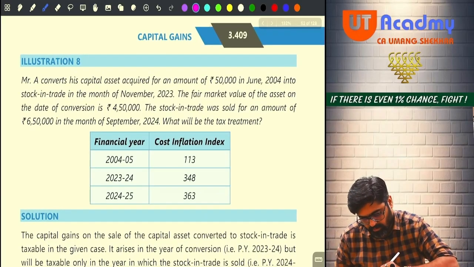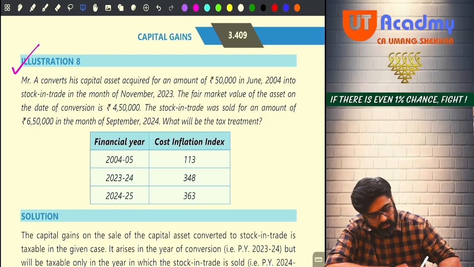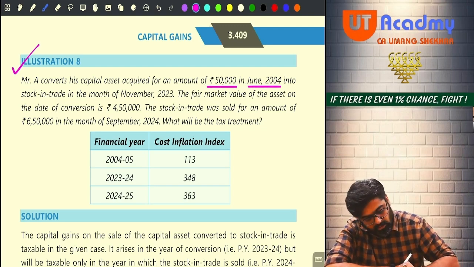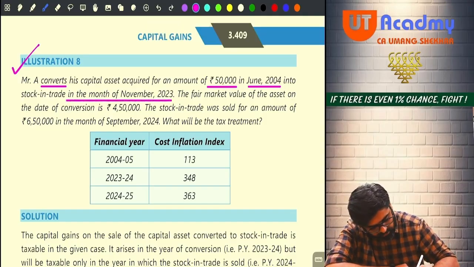Mr. A converts his capital asset acquired for an amount of 50,000, so capital asset acquired for 50,000 in June 2004, into stock in trade in the month of November 23.